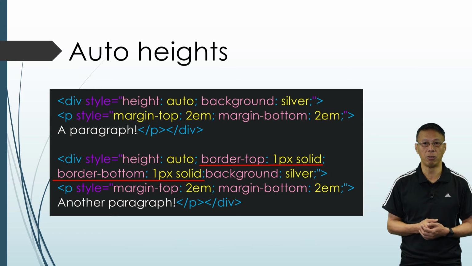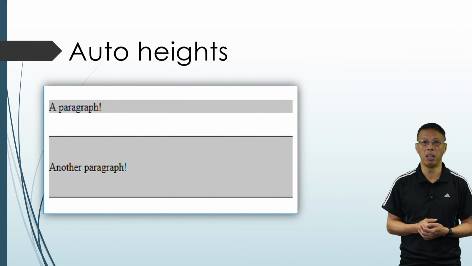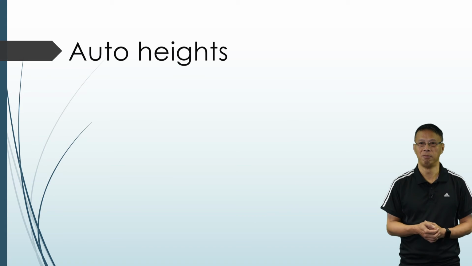Now in this case, the P element with the margin top as well as the margin bottom, the 2em values, would be in effect. And here we show on the screen how these two different results would come out on the screen.